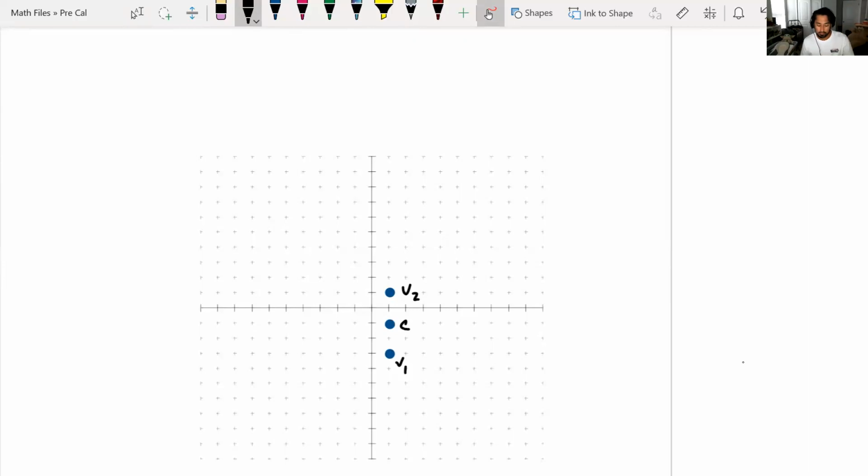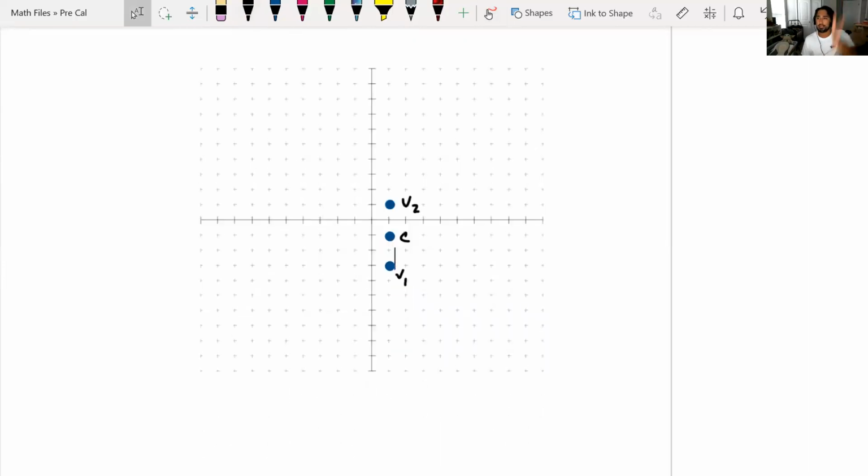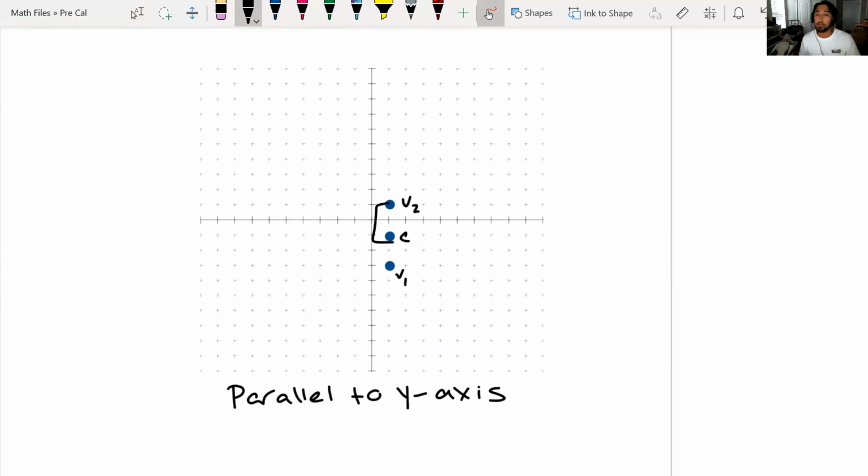And also, looking at this now, the center and the vertices are parallel to the y-axis. All right, and then another thing given is the distance from vertex to center is a. So now we know that a is 2.